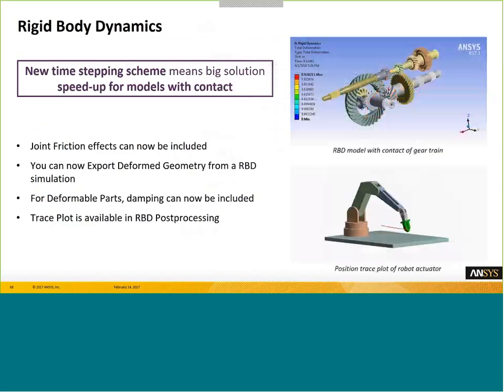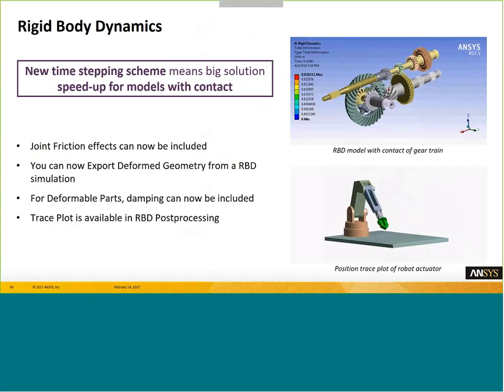In terms of rigid body dynamics, a couple of nice new features, well, quite a few new features here. First, the joint friction, so we can now specify some friction coefficient around a specific joint. We can export deformed geometry from an RBD simulation, so if we move a joint so many degrees, we can export that geometry and use it downstream.